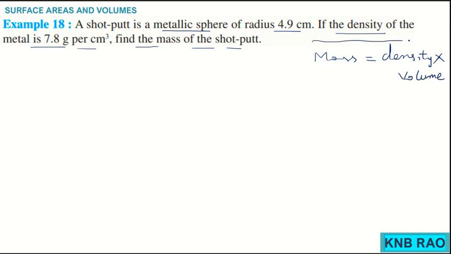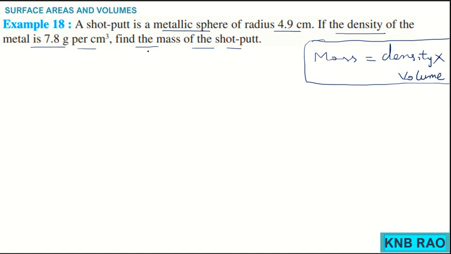You know, density is mass per volume. From density equals mass divided by volume, when I transpose volume, it becomes density into volume, giving you mass. So, that is how this is connected to volumes.